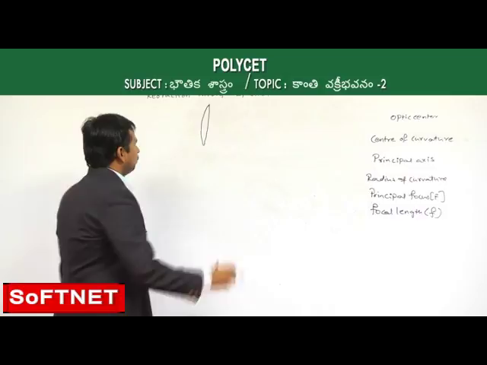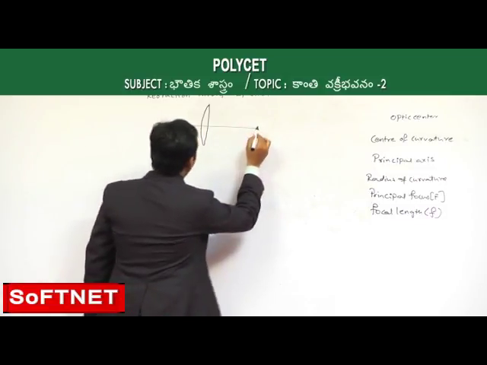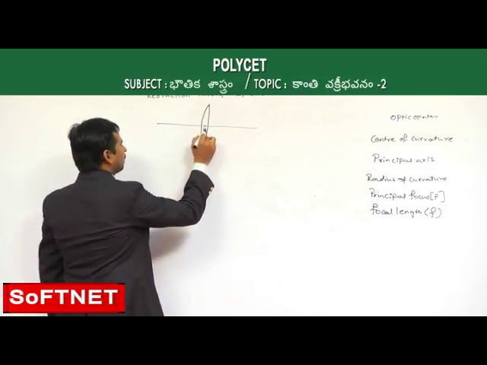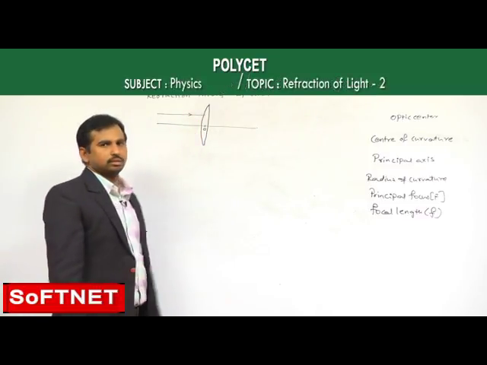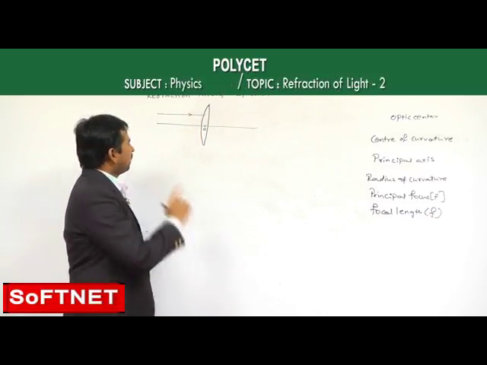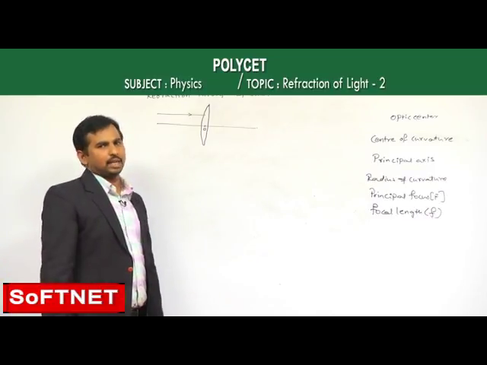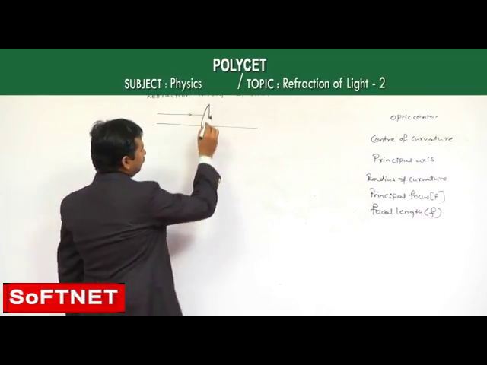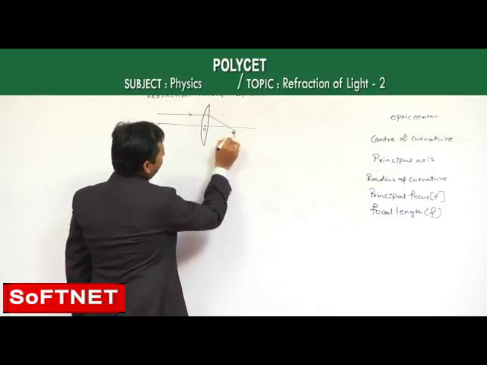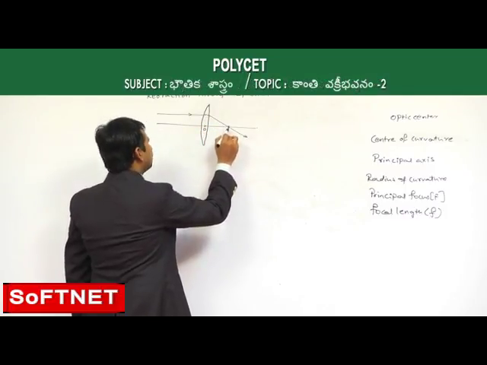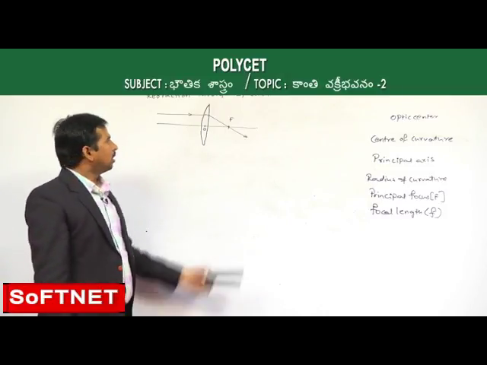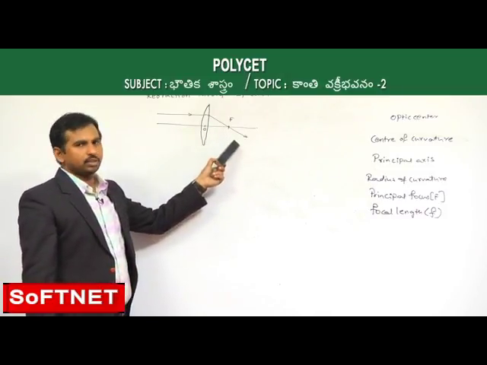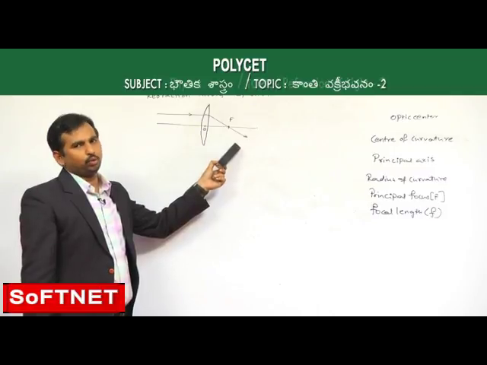Now, if any light ray you choose passes parallel to the principal axis like this, after refraction the light ray passes through the principal focus.